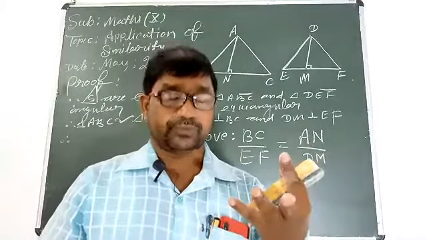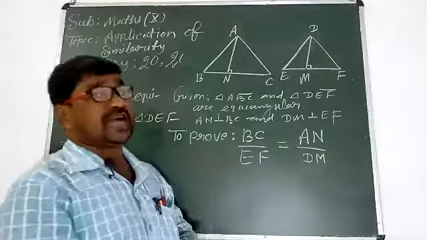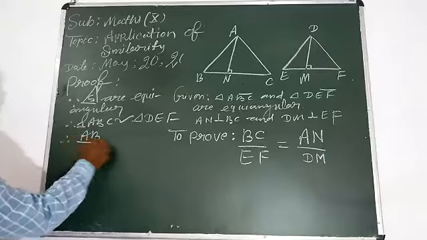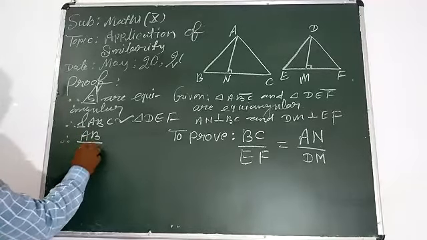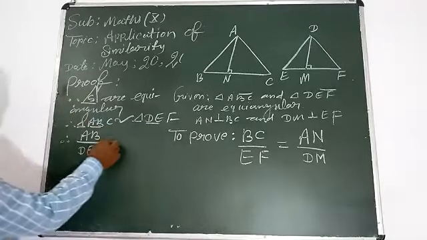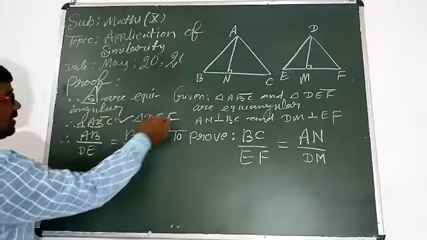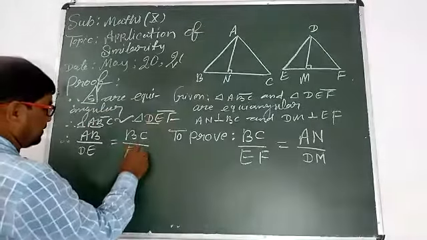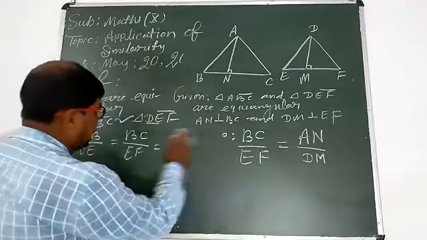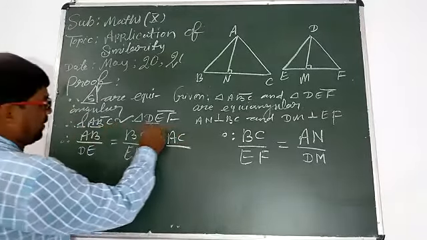AB upon DE equal to BC upon EF equal to AC upon DF.